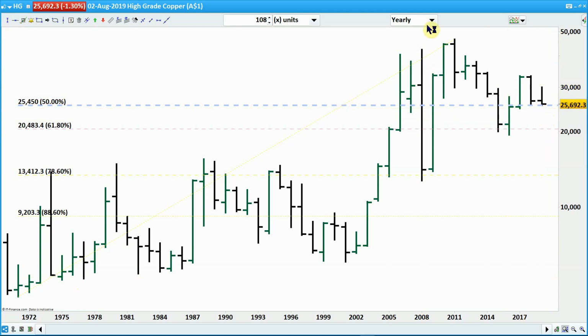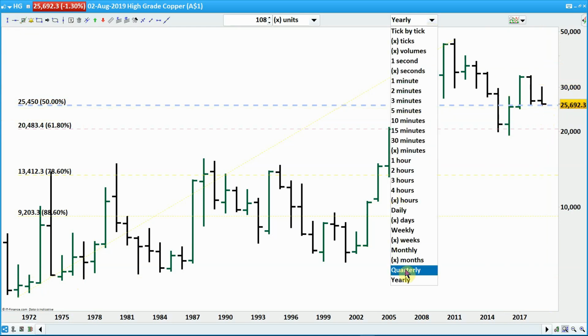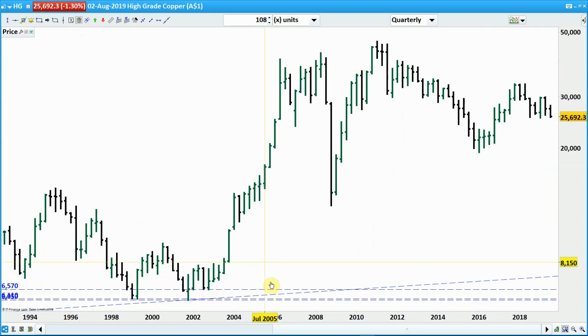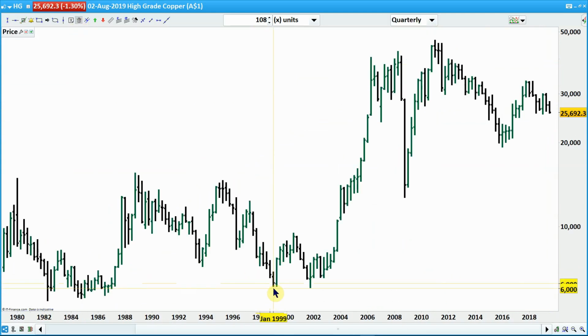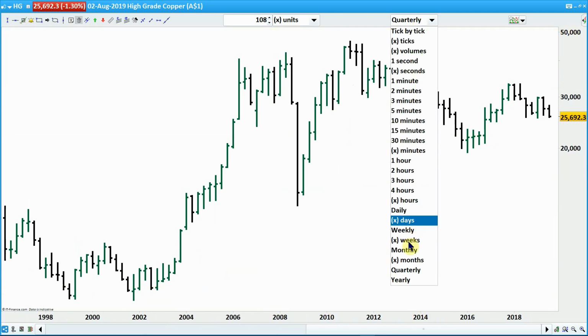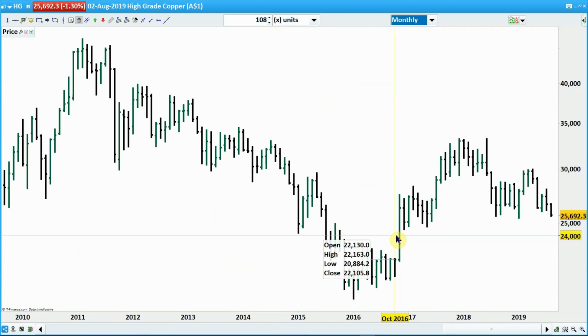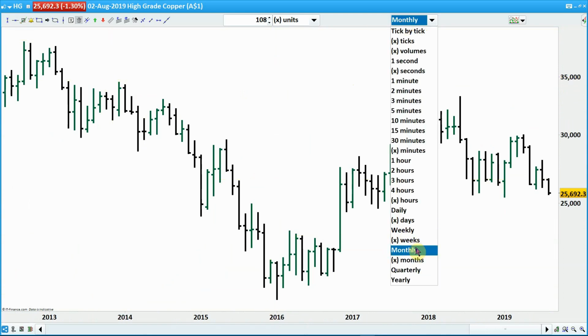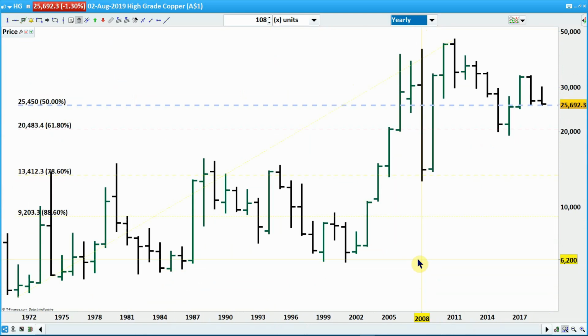Now quickly go to, thanks Sri for asking this question. Then we are at the quarterly. Quarterly we are not seeing anything. Then we go to monthly. And the yearly point, if we remember, was 25,450.